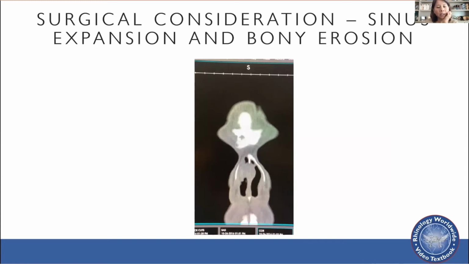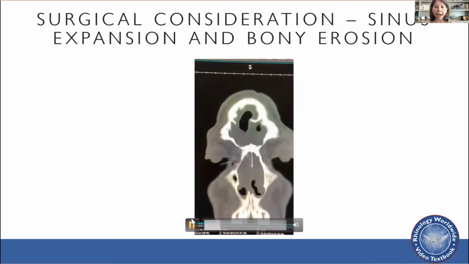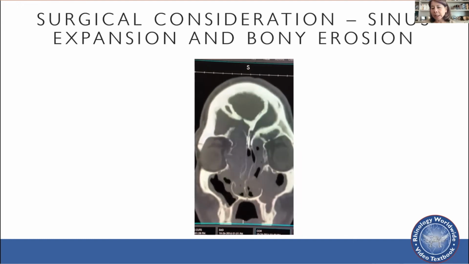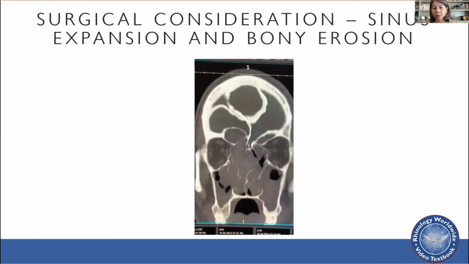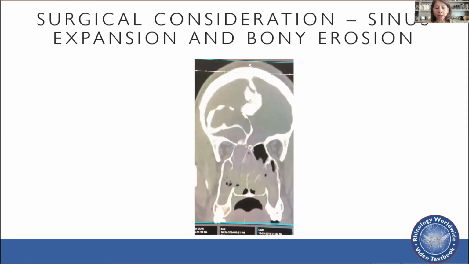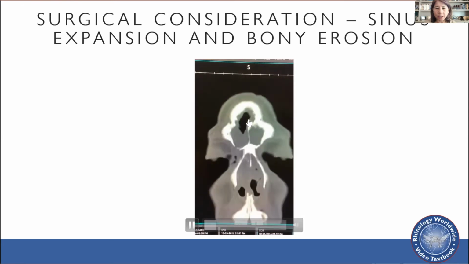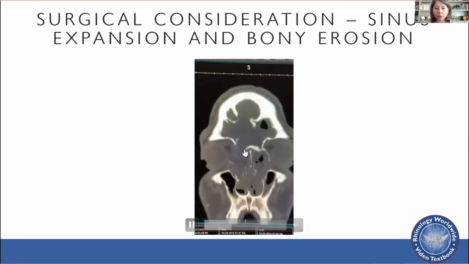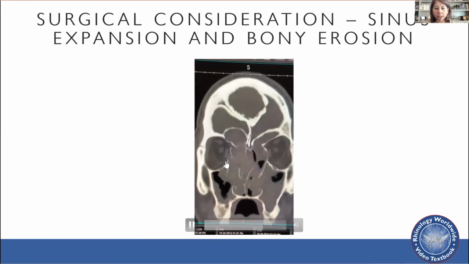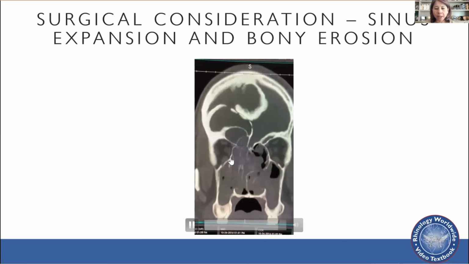So here's a classic CT scan of allergic fungal rhinosinusitis, where you'll see this really dramatic expansion and erosion of bone that you don't necessarily need to worry about in other CRS with nasal polyps. In this CT scan of a patient with allergic fungal rhinosinusitis, you can see the expansion of the frontal sinus, erosion of the bone between that and the skull base, and the lamina being expanded out and thinned out.